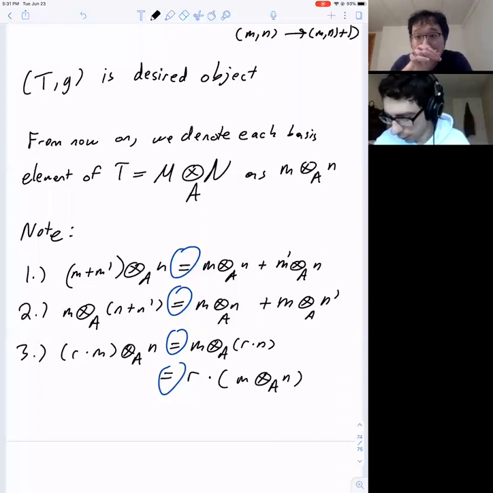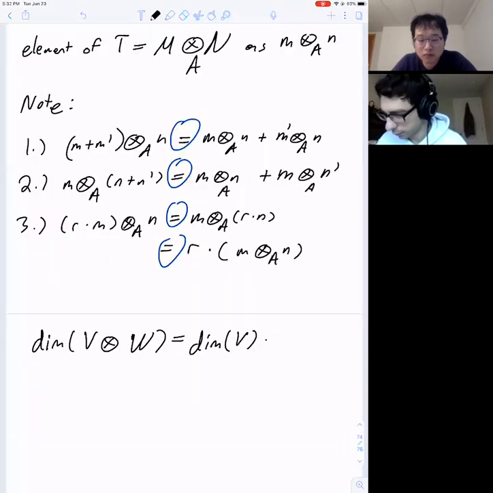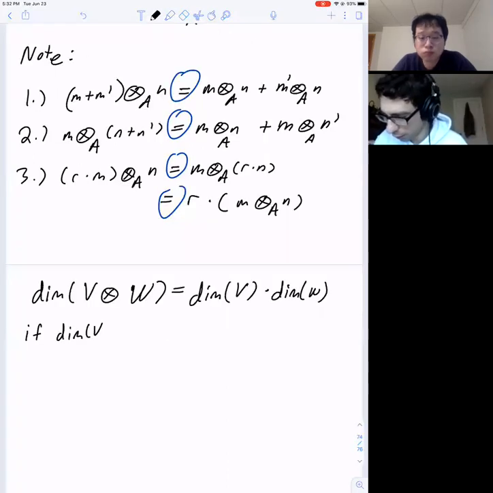If you have two vector spaces V and W, you can actually take their tensor product, V tensor W, in the exact same way we did above, because at the end of the day, vector spaces are modules. The dimension of the tensor product of two vector spaces is the product of their dimensions if the dimensions you started off with are finite.